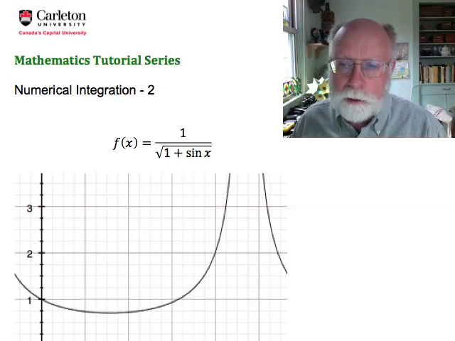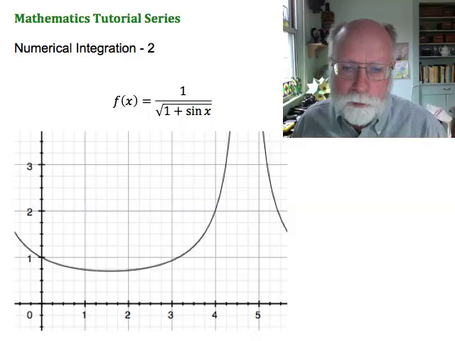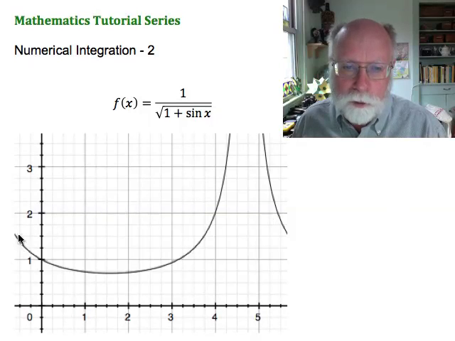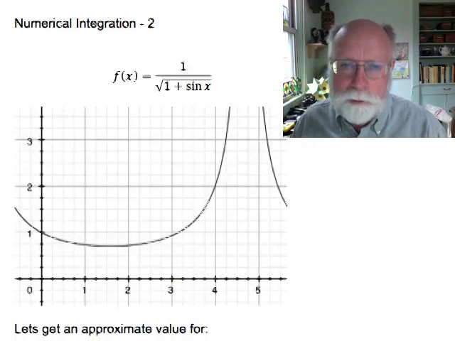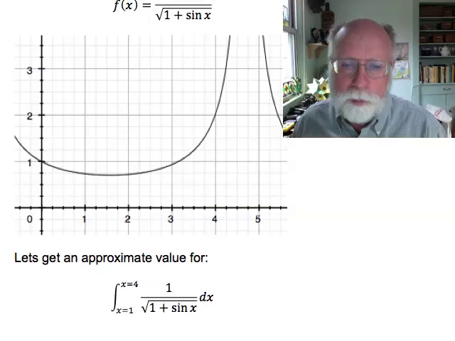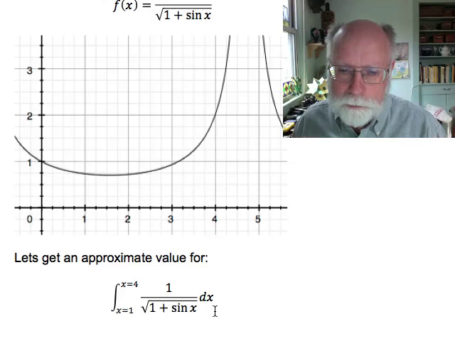If we plot a graph of this function, we get a curve that looks like this. It's concave upwards. It then has a pole here where sine of x is -1, and then it descends beyond that. And what we want to do in this particular example is to get an approximate value for the integral from 1 to 4 of 1 over the square root of 1 plus sine x dx.